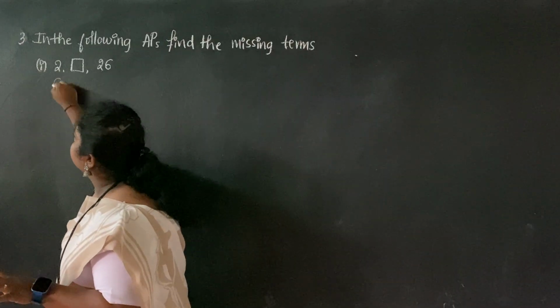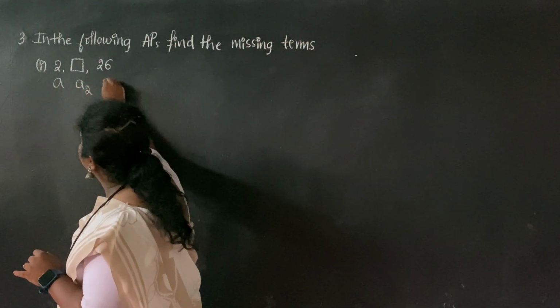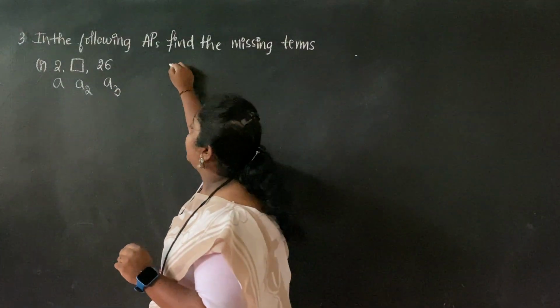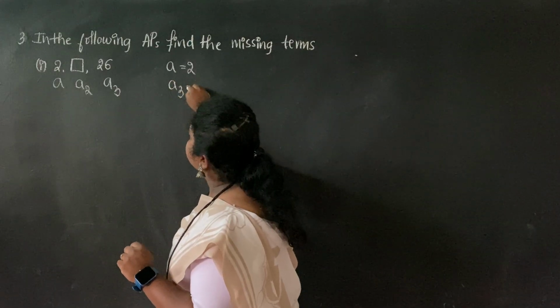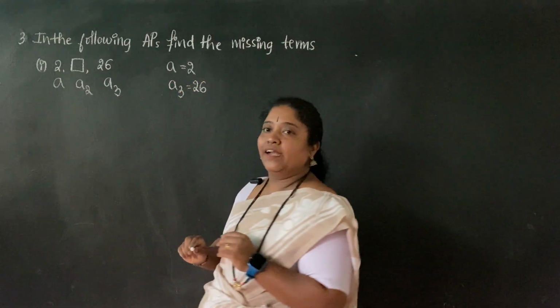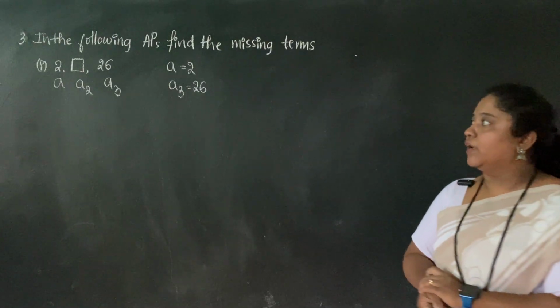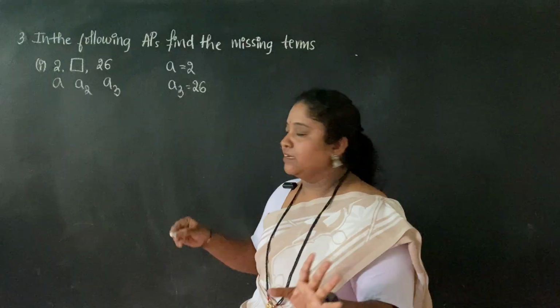So can I take this as the first term, this as the second term, this as the third term? What and all are the information provided to you? A is equal to 2 is provided, A3 is equal to 26 is provided, yet you need to calculate the second term, isn't it dears? Now look at the board. Dears, you use your common sense here.